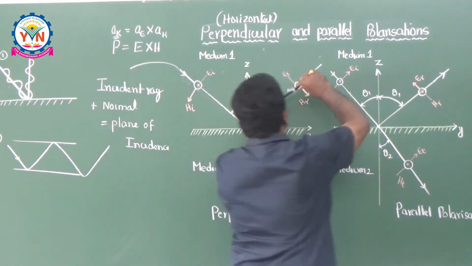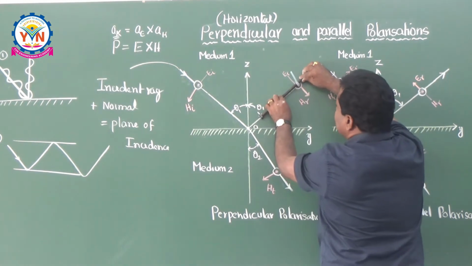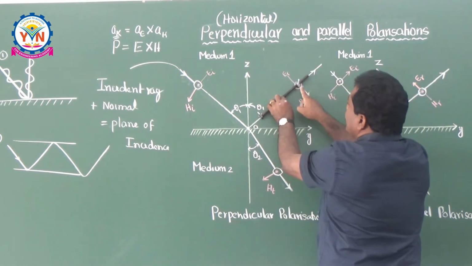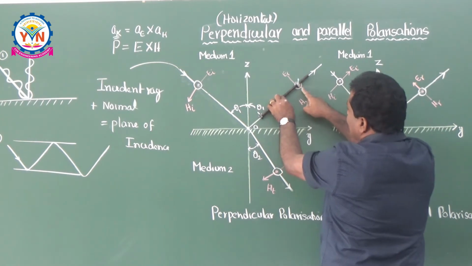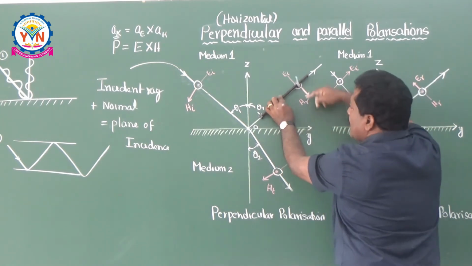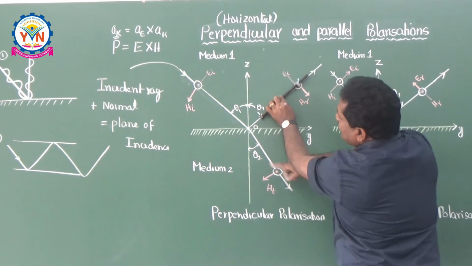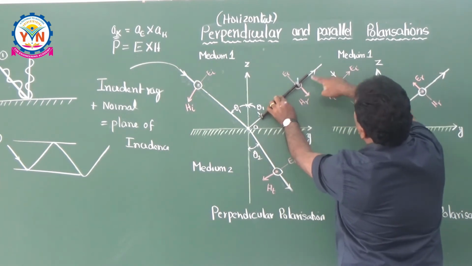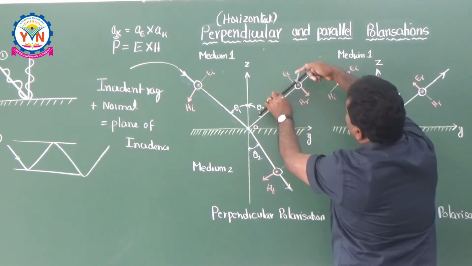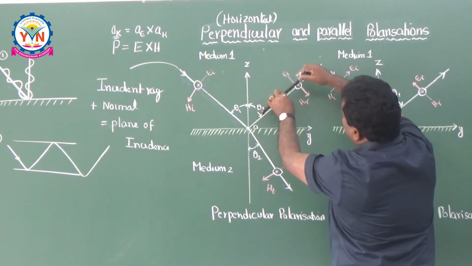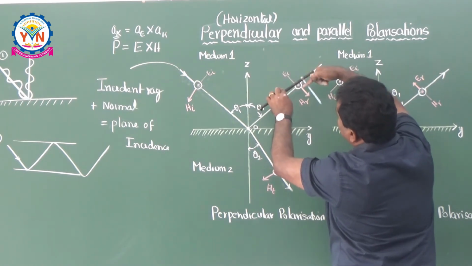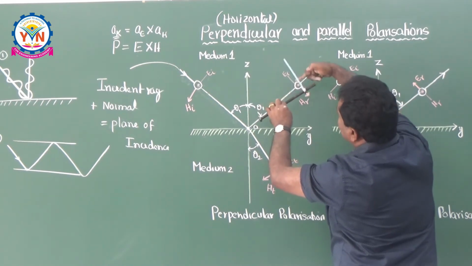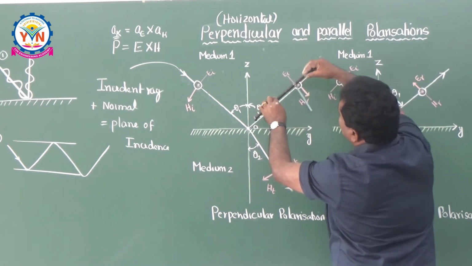Exactly, if you are taking here like this, now this is the electric field once again and the magnetic field like this. And now the reflected wave should be in this direction only. So if you are rotating like this, E cross H, this is E and this is H. E is crossing H means in this direction if you rotate like this, you see the nut is going in this direction.